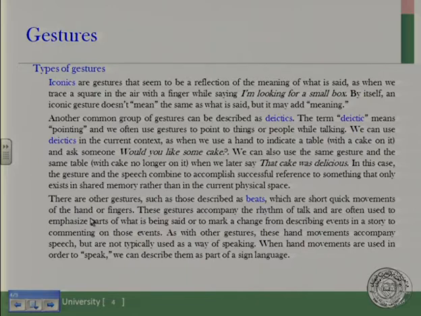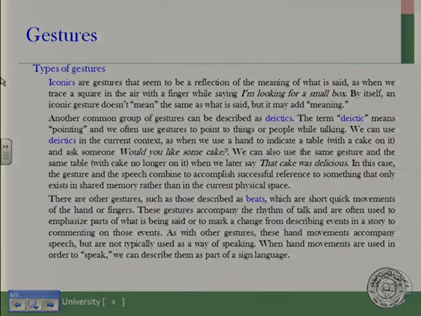There are other gestures such as those described as beats. The third kind of gesture is called beats, which are short, quick movements of the hand or fingers. These gestures accompany the rhythm of talk and are often used to emphasize parts of what is being said or to mark a change from describing events in a story to commenting on those events.